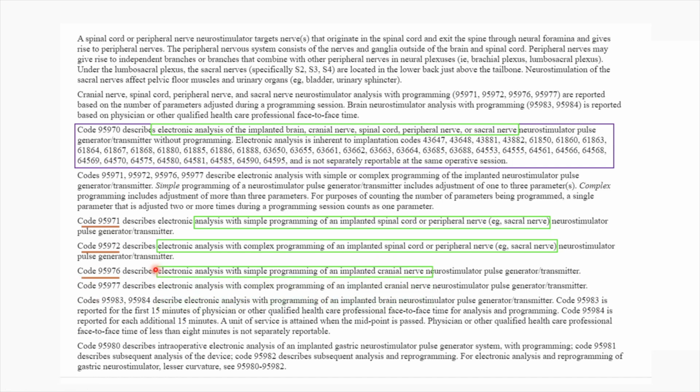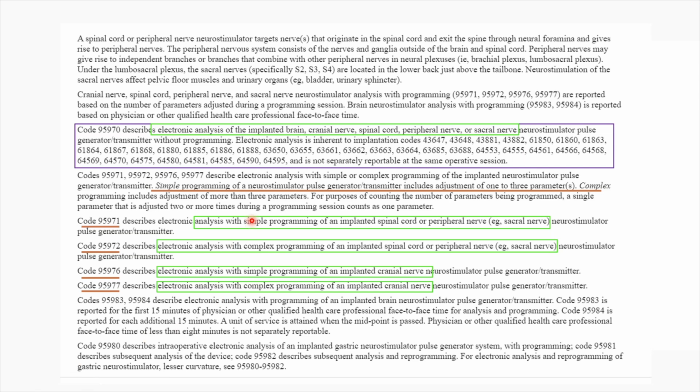And 95976 is for an electronic analysis with simple programming for an implanted neurostimulator when it is located in the cranial nerve. And the last one, 95977, is for a neurostimulator. It involves complex programming as well as analysis when it is located in the cranial nerve.